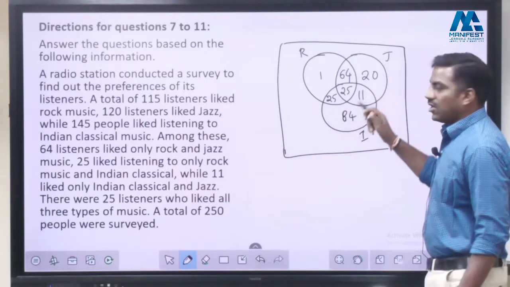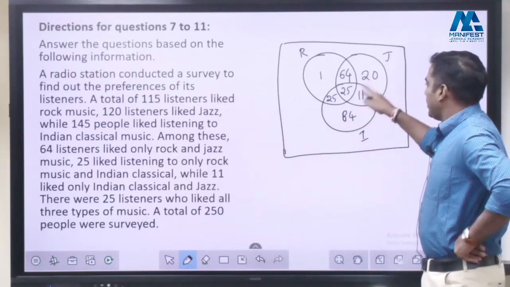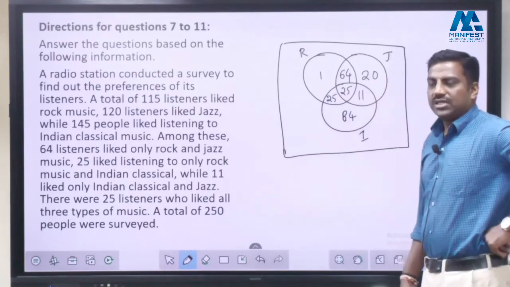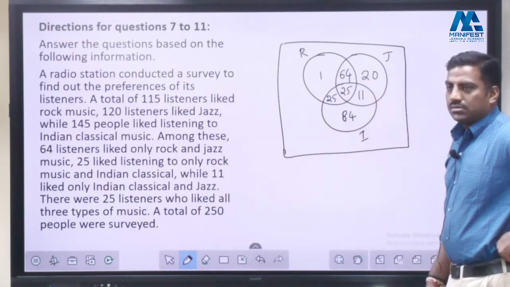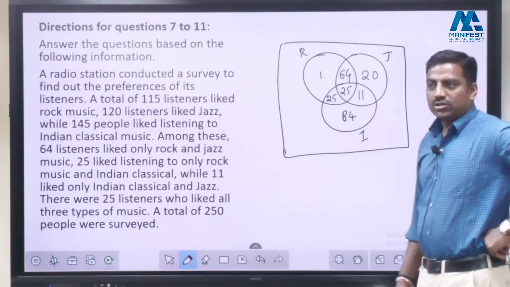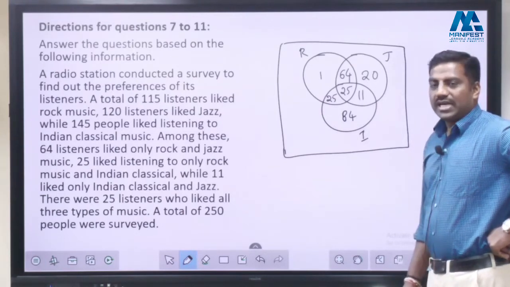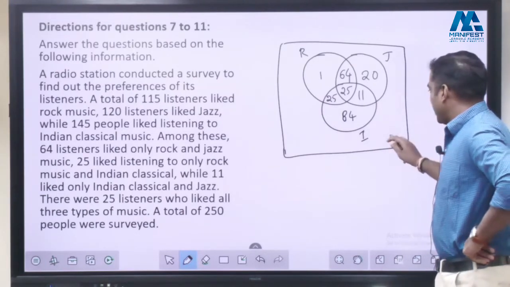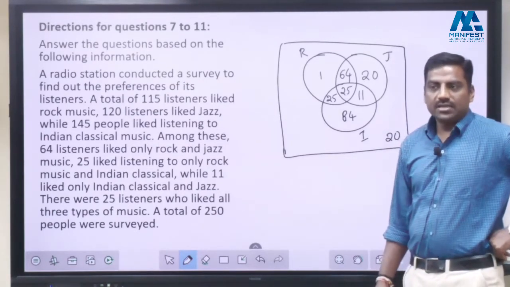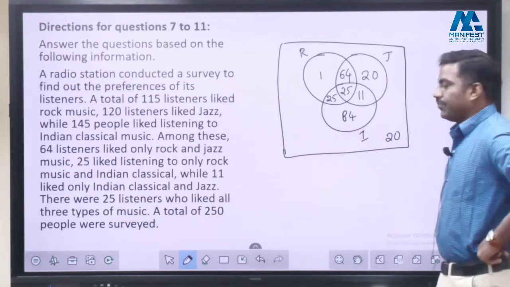So totally how many now? 148 plus 50, 70, 82. 148 plus 82 is 230. 230 totally. How many are remaining now? Out of 250, 230 are done. So another 20, they don't like anything, right? Another 20, they don't like anything. Is that fine? Yes?